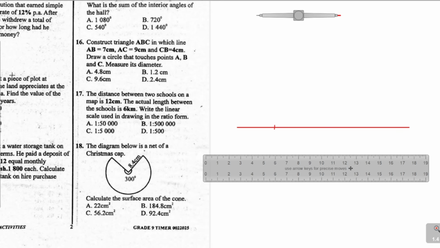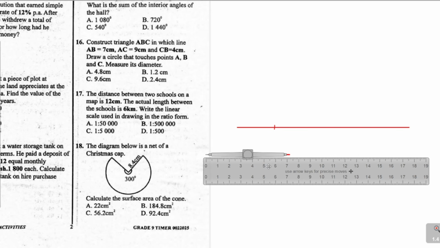Then you take a measurement of 7 centimeters. So with 7 centimeters, stand at A and mark that point.